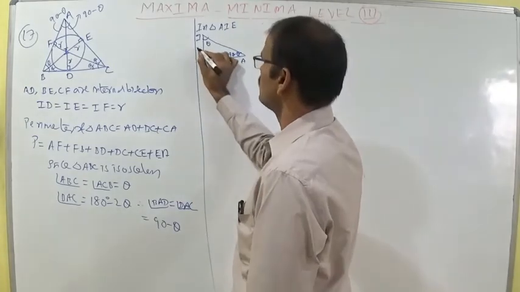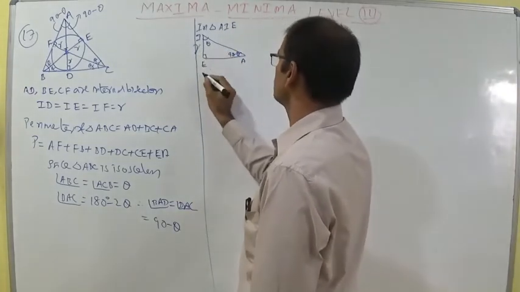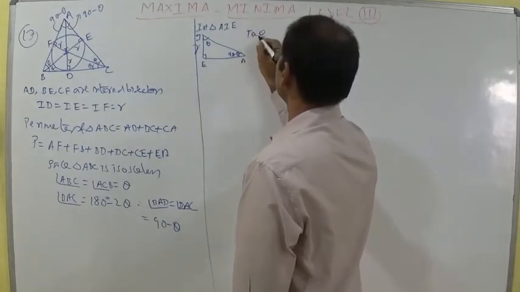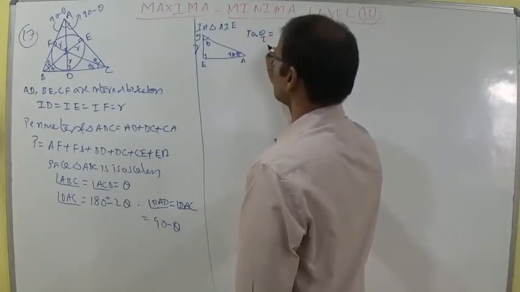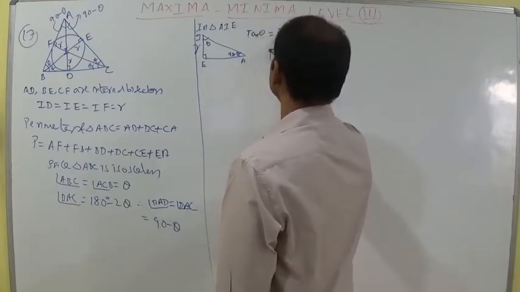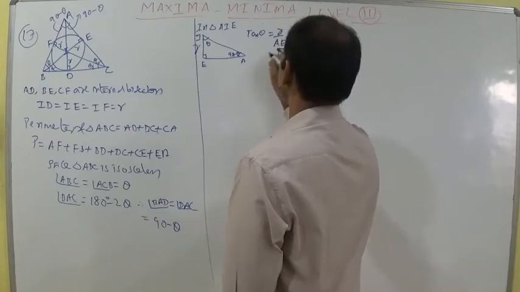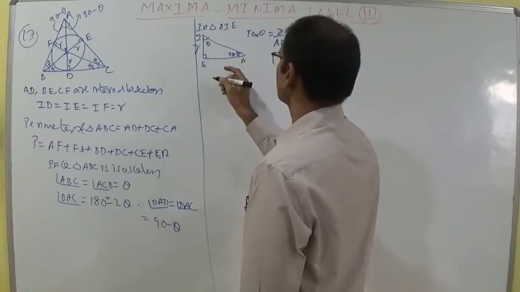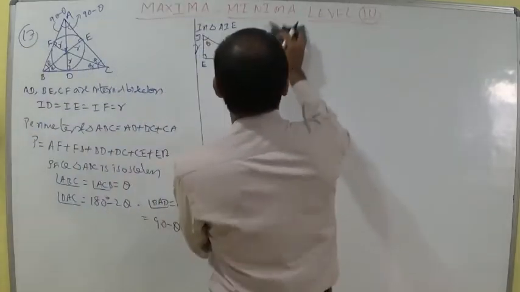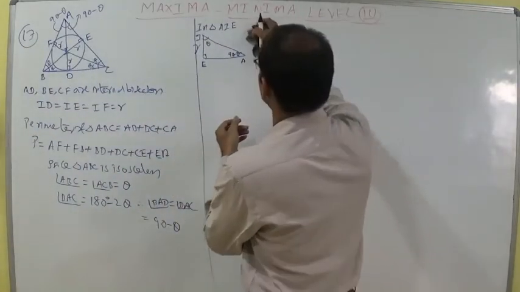Here you can write IE is equal to R, the radius. In this triangle, you can write tan theta, not theta by 2, only tan theta. Tan theta is equal to opposite by adjacent.